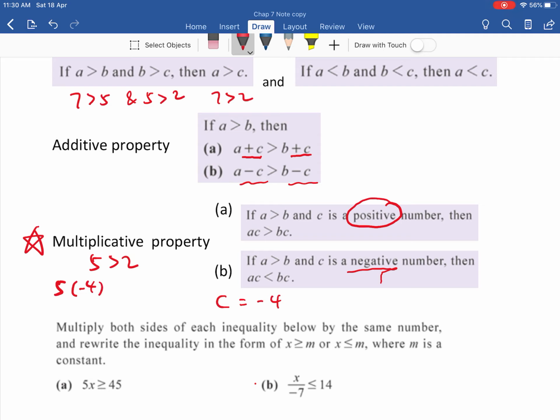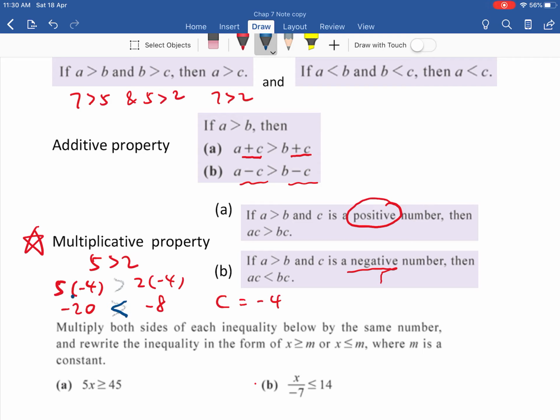If we multiply on both sides, then you know that it is like this. Can you keep this inequality sign? No, because you see that here minus 8 is greater than minus 20.